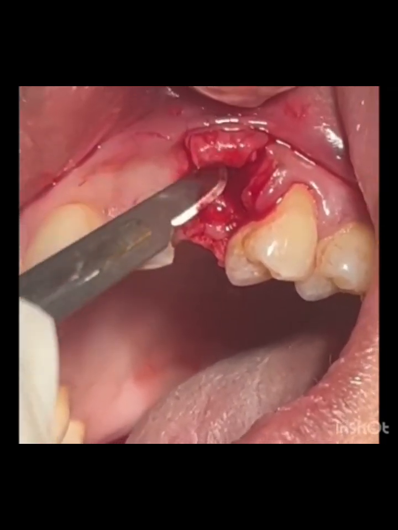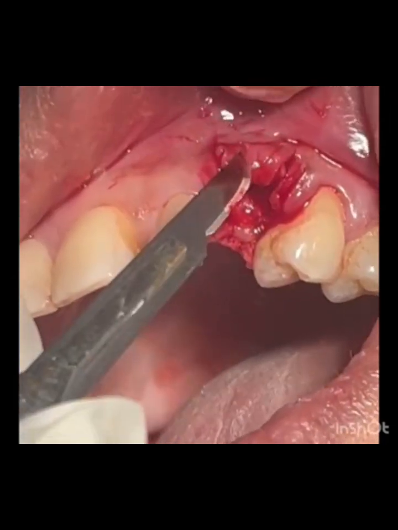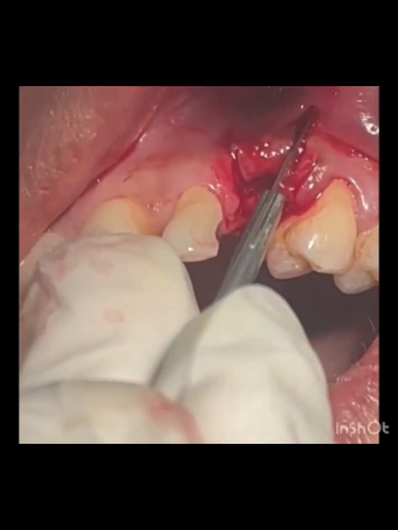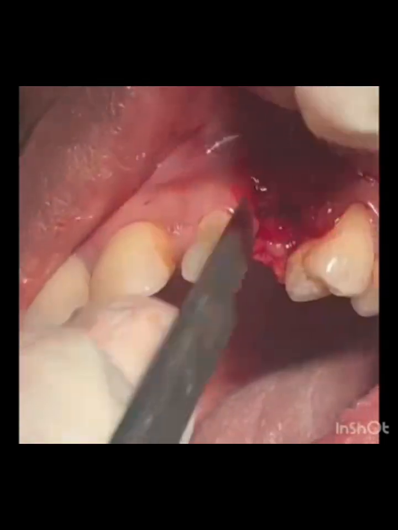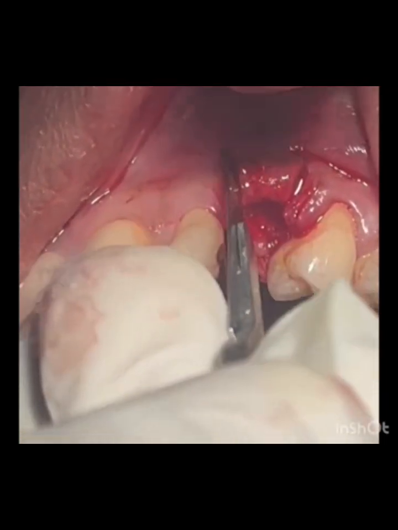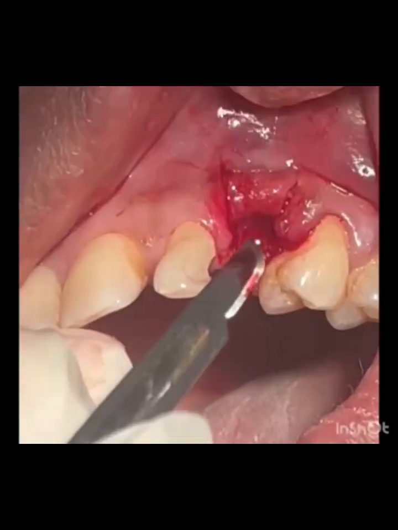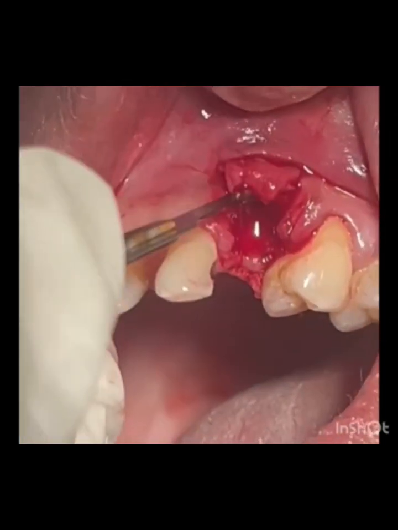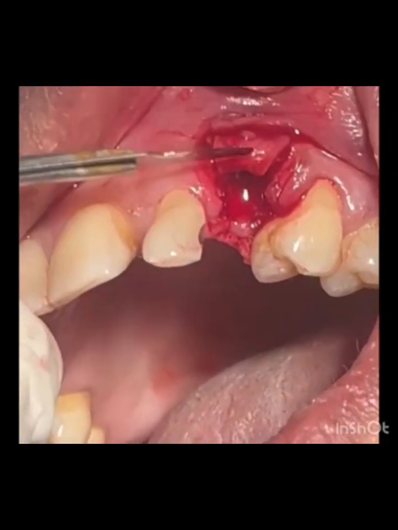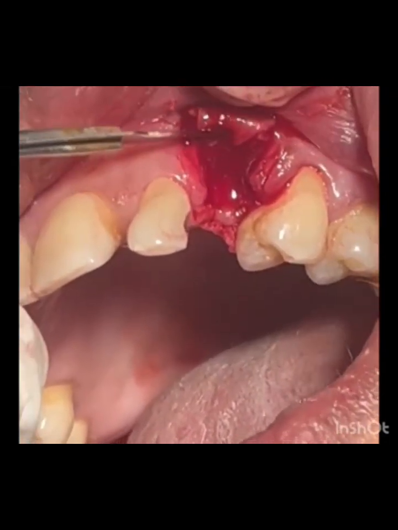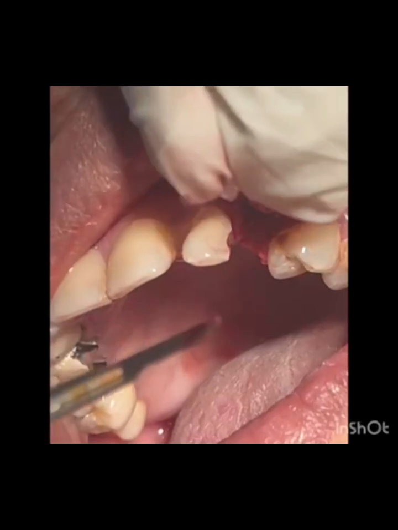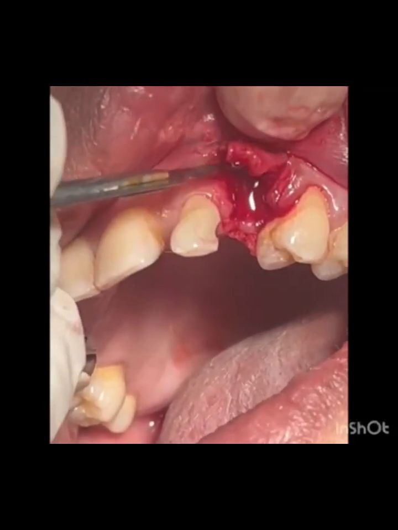So this particular flap which you have raised and kept, which is de-epithelialized from outside, we have extended a little more of its incision crossing the mucogingival junction, so that this flap can be elevated a bit more. It will be relieved. Now we are going to roll it and place it around the healing abutment after placement of the healing abutment in place.